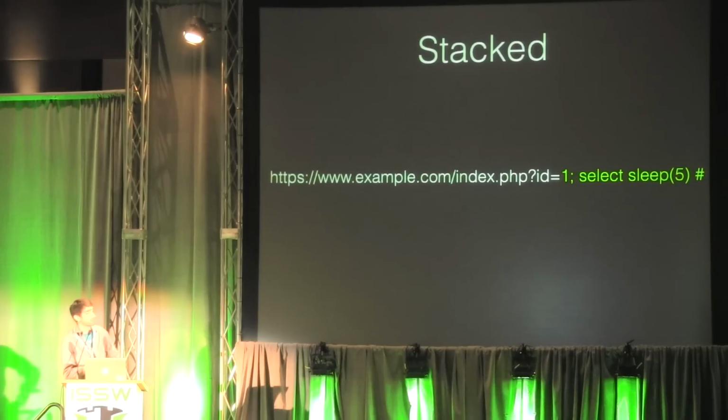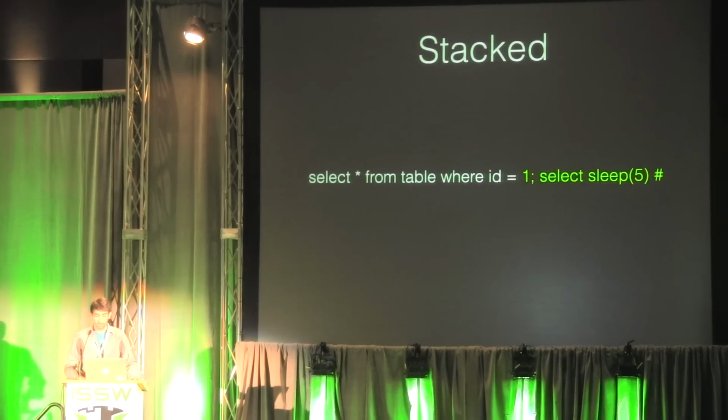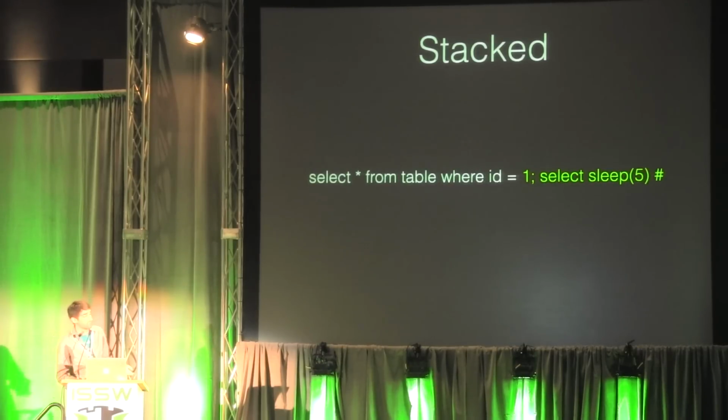So this is a stacked SQL injection that would cause the response from the HTTP server to take 5 seconds longer than it would otherwise. So if we pass this URL in our web browser, the GET request is made to the server, and that turns the SQL query on the back end into: select all from table where ID equals 1; select sleep 5.